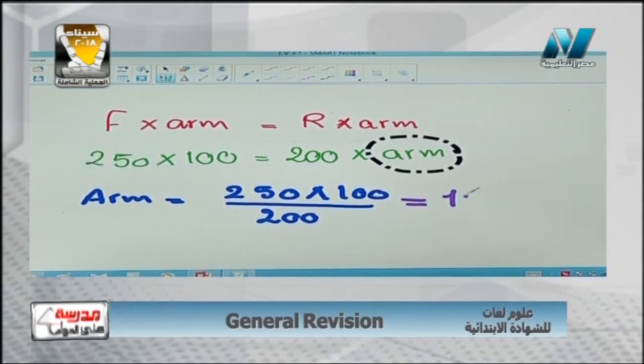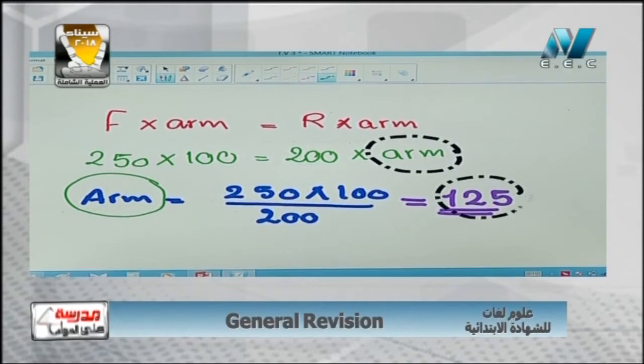We should remember the measuring unit here. We talk about the resistance arm, so the measuring unit here is centimeter. Don't forget to write the measuring unit beside the number: force in newton or weight in newton, and the distance in centimeter.